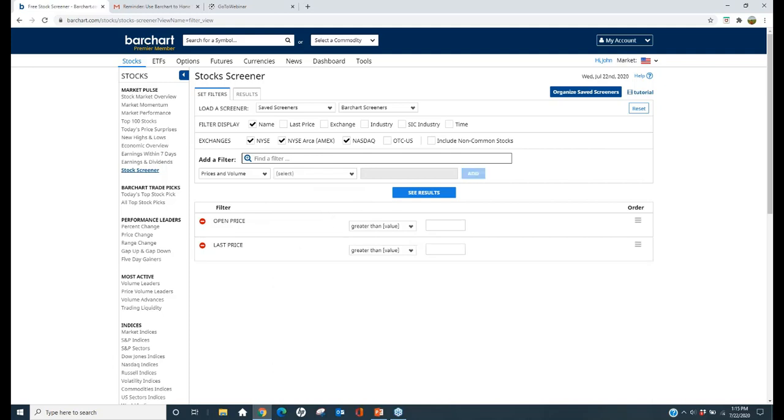Now, why do I look at open? Well, I want to know where my market opened from yesterday, and did it open higher? Did it open lower, right? And now I can do some of that comparative analysis right here. I have two reference points. I'm going to look at my open price, and I'm going to look at my last price. Did the market open higher, and now the last price is even higher? My market is trending higher.